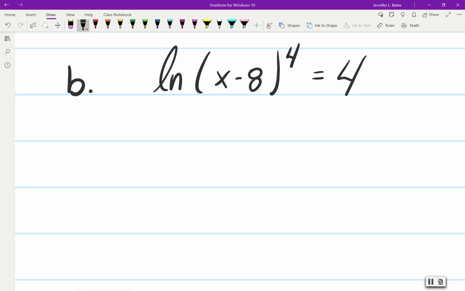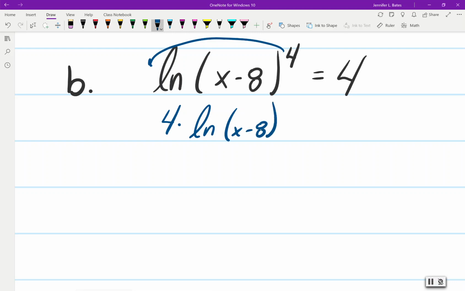So I'm going to bring it down out front. Then I'm going to divide both sides by 4 to get rid of it.